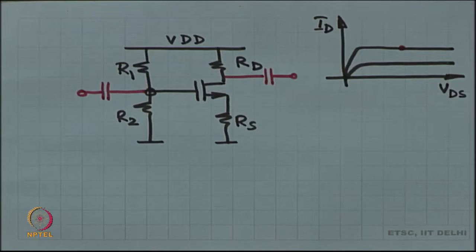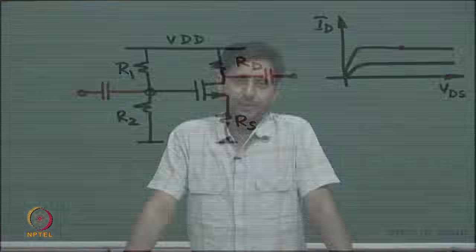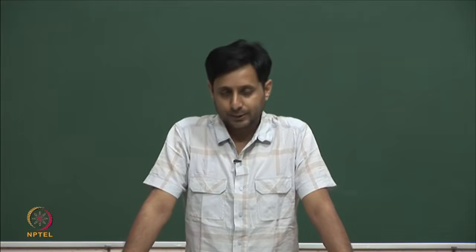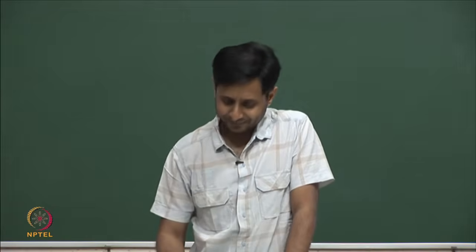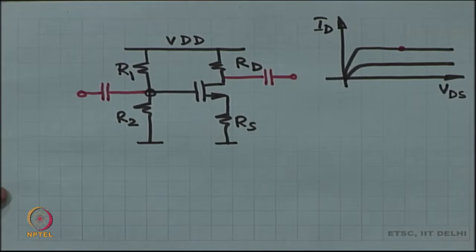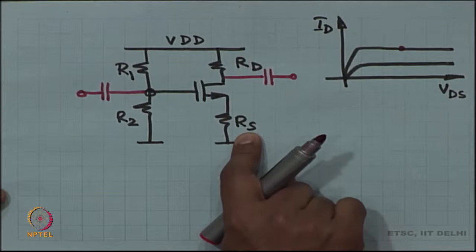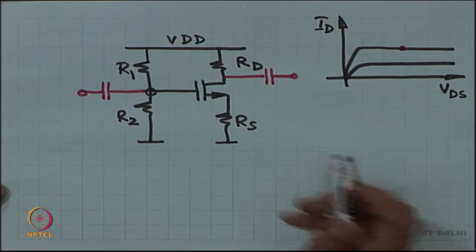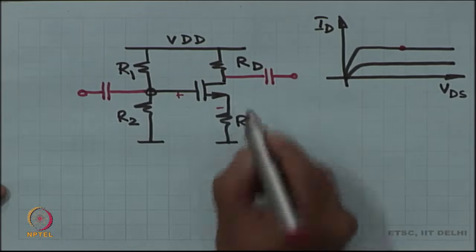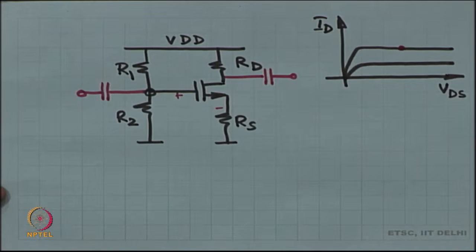And likewise, we had another problem, and that problem was that to do good amplification, it turns out that RS is not required, RS is harmful, because we want all of the signal to come across VGS and none of it to appear across RS.